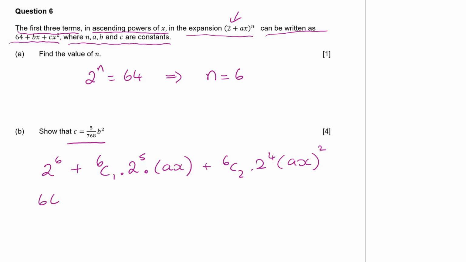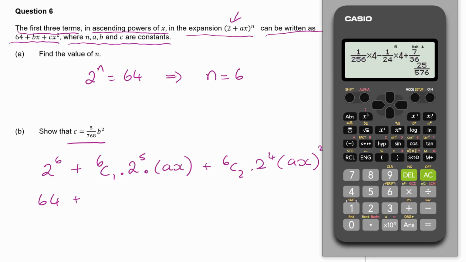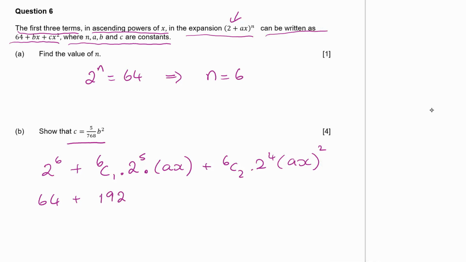And we know this one is 64. And then we would have 6 times 32, which is 192, ax. Now 6C2 is 15.